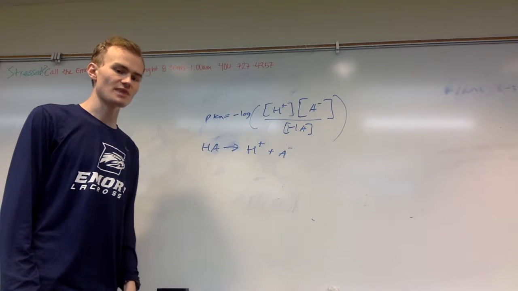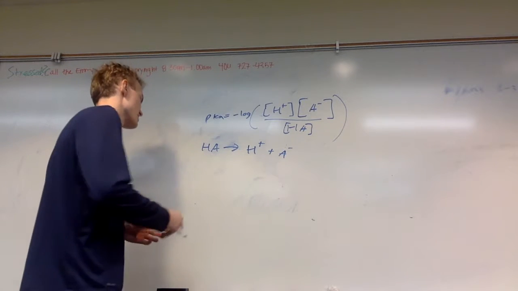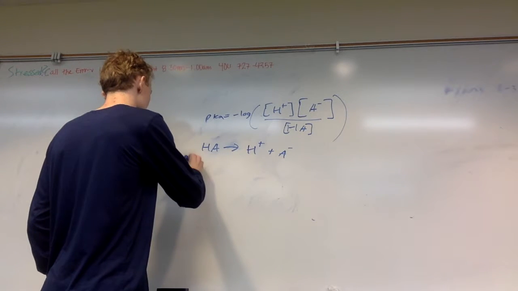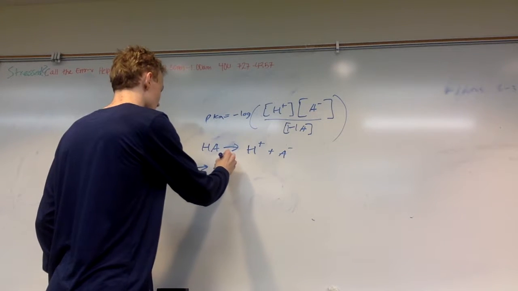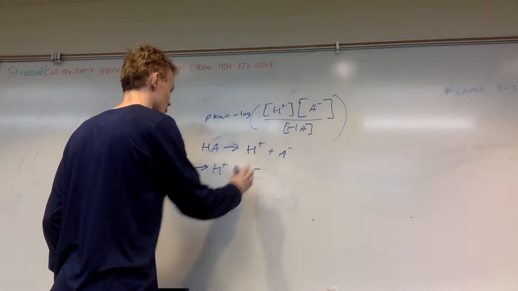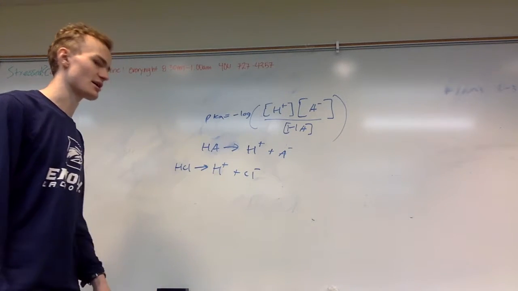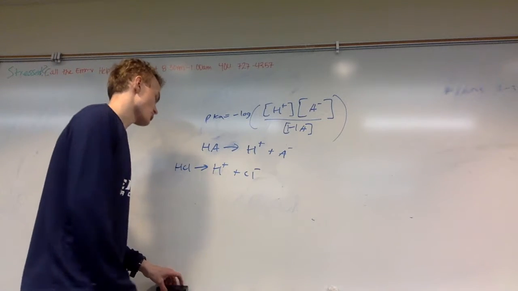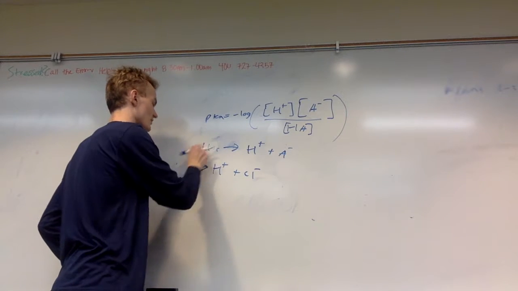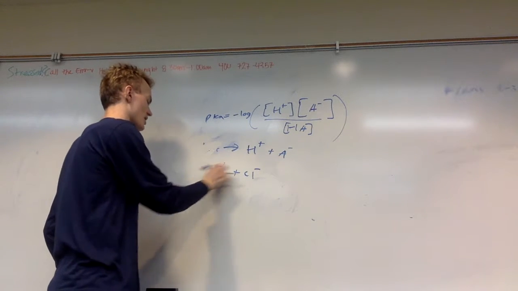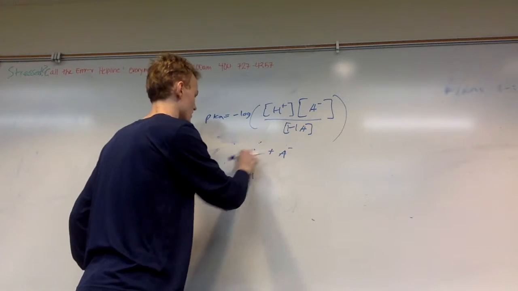A real life example would be HCl and water dissociating into H plus and Cl minus. So Cl minus is the conjugate base of HCl. That's just a recap of what I mean by conjugate base and the acid.